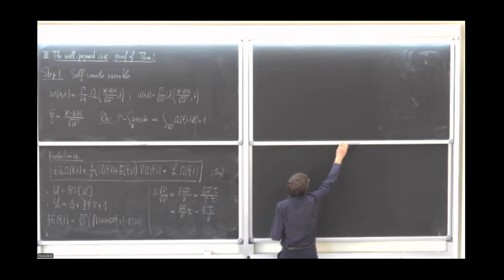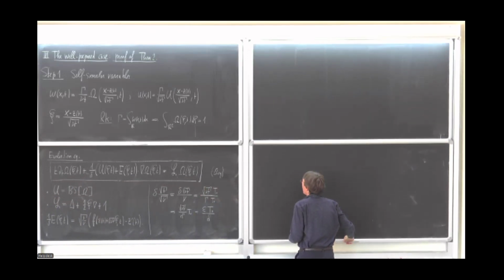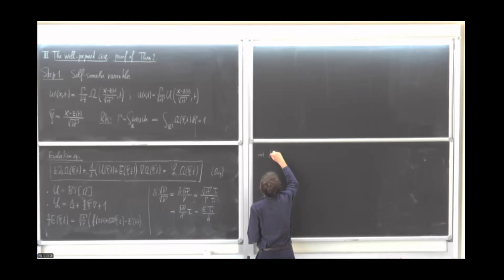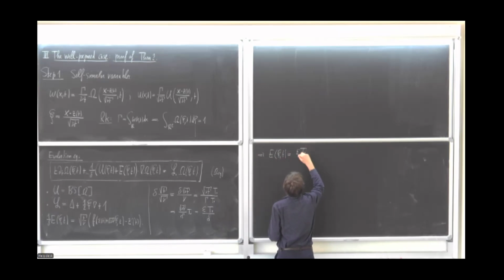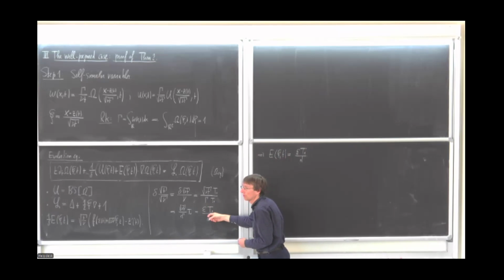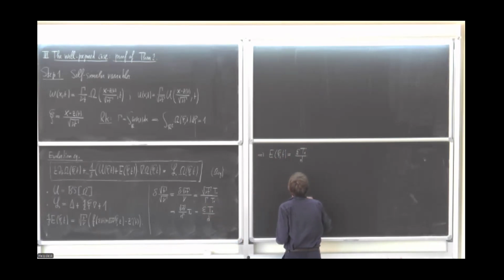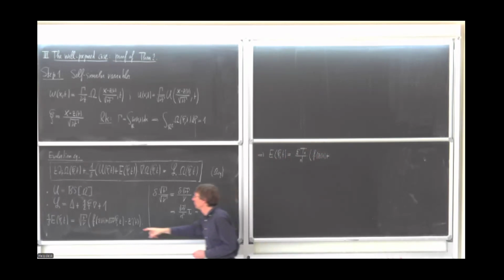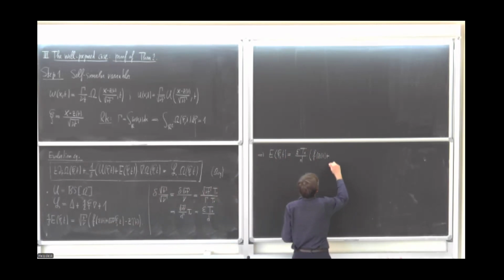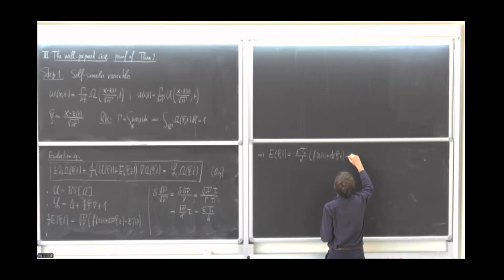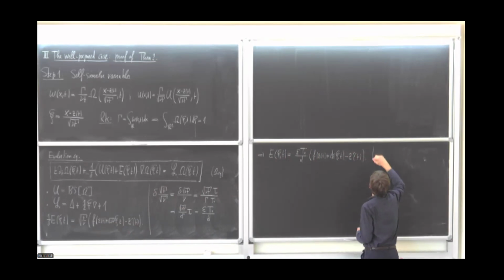If I go back, I can write my E of phi D in a slightly different form: epsilon T0 divided by V, exactly the factor that I have here, times F of Z of T plus, and the square root of mu T that I have here, I can write as epsilon times psi T minus, well, sorry, this depends also on T, minus T times. This is just a new formulation.